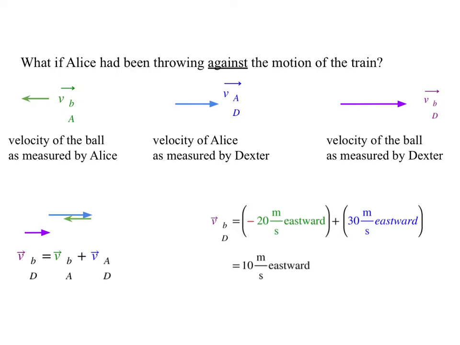Graphically, then, we would have that the velocity of the ball as measured by Alice plus the velocity of Alice as measured by Dexter gives me the velocity of the ball as measured by Dexter.